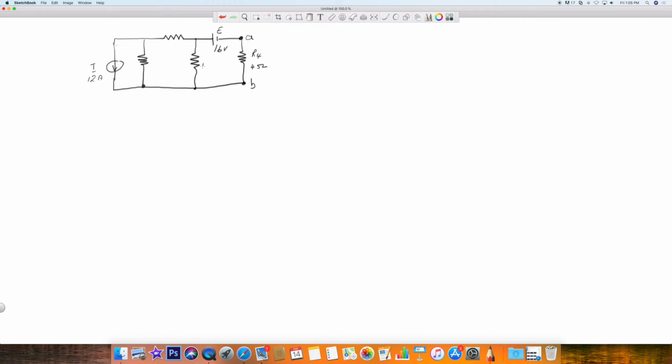We have R3 over here, which is of 10 ohms. We have R2, which has 6 ohms. And finally here, R1 has 2 ohms.